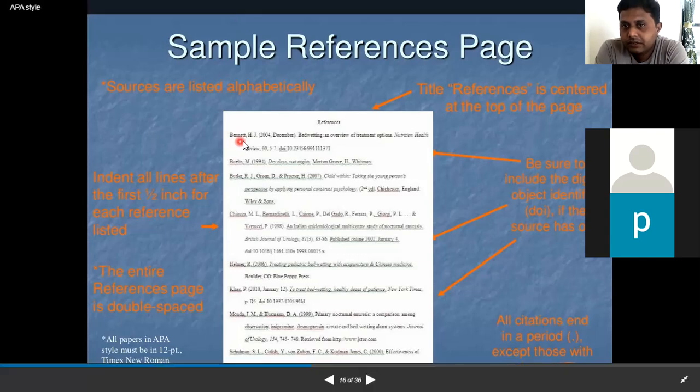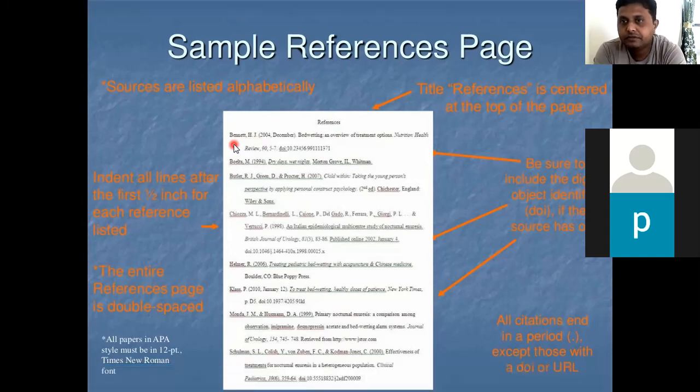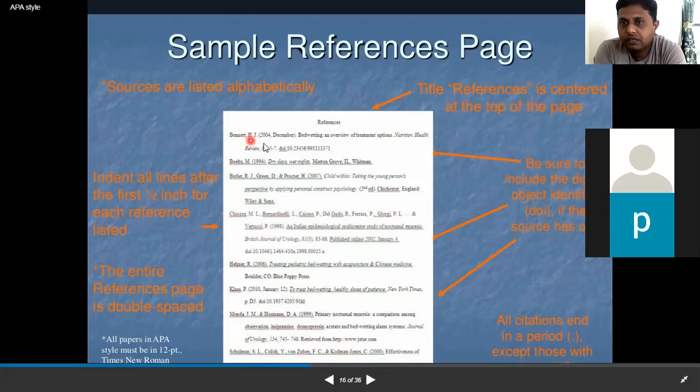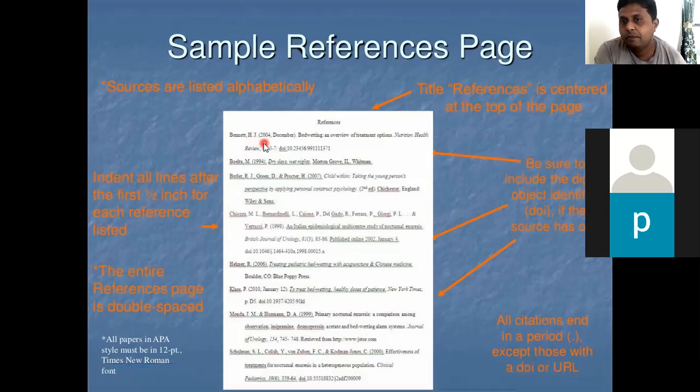Burnett, then comma H. J. So the mentioning style of author's name is the same. No changes there. Okay. But what happens after the name of the author? Immediately there is the publication year or publication month. So this is the change in the case of APA.